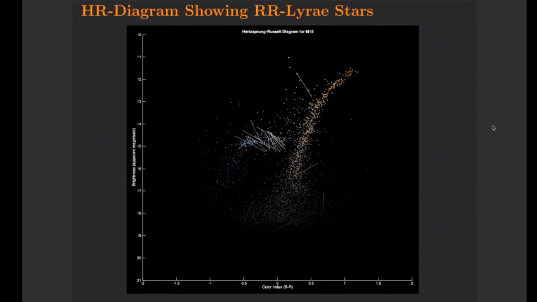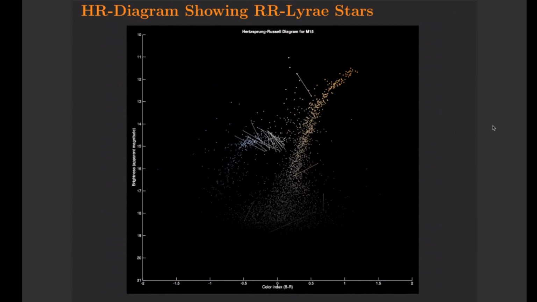Everything was the same except for it was a different time. And I modified my HR diagram software to not just read in one set of data, but two sets of data, match up the stars, and then ask, did the luminosity change very much in these two pictures? Now, of course, they all change a little bit, but most of the stars don't change a lot, but some of them change significantly.